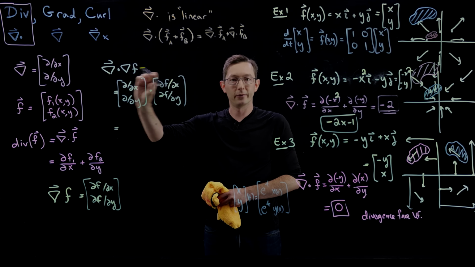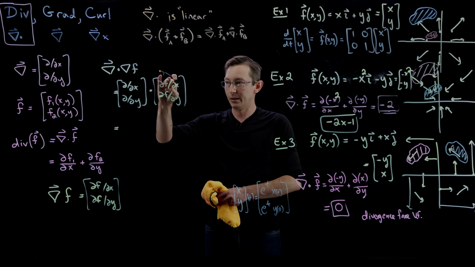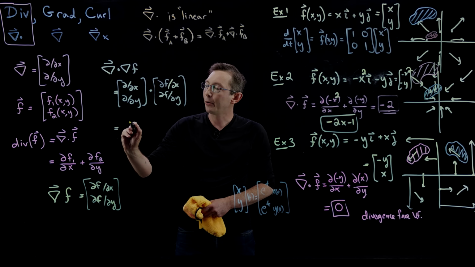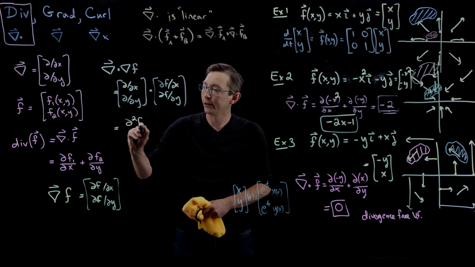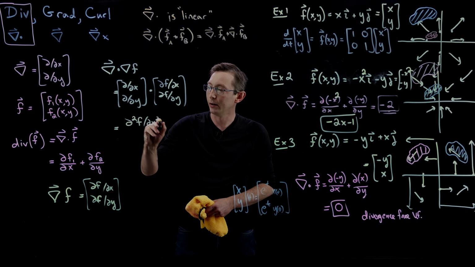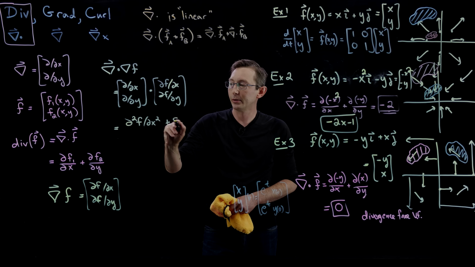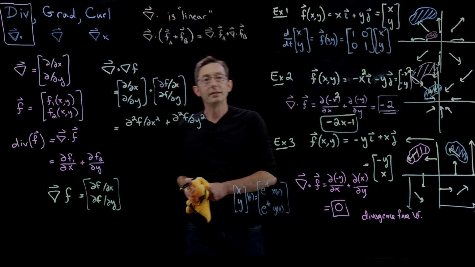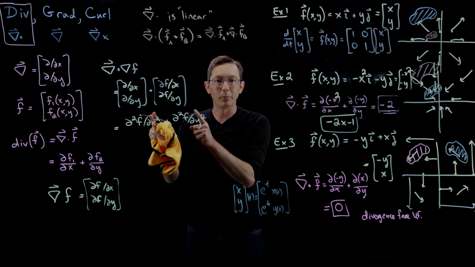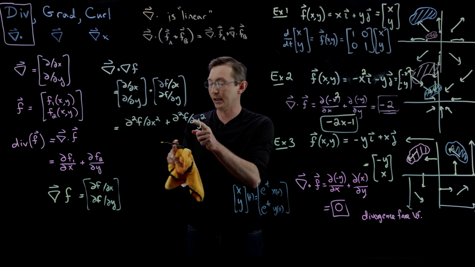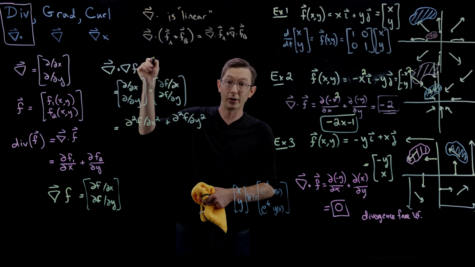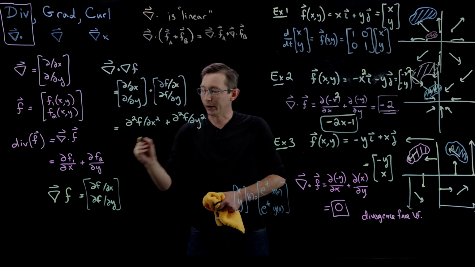You just take the product of the first components of both of them plus the product of the second components of both of them. And now what I have is the second partial derivative of f with respect to x squared plus the second partial derivative of f with respect to y squared. So this is cool. This is the sum of second partial derivatives of f with respect to x and y. And so the divergence of the gradient of a scalar function f is this quantity.